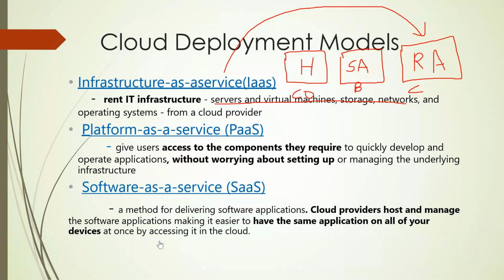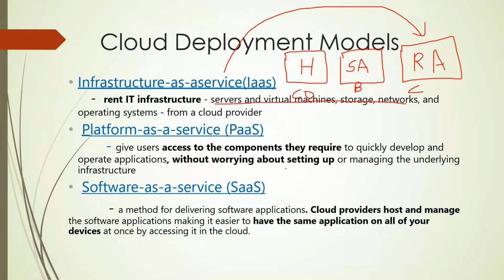Second thing, like my service apartment, that is platform as a service. In short, we call it PaaS. So going forward you won't say platform as a service, we say PaaS. So what is platform as a service? It gives users access to the components they require for quick development of their application without worrying about the setup or managing the infrastructure.